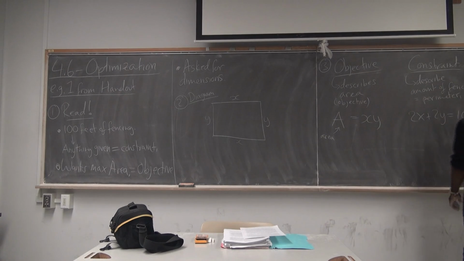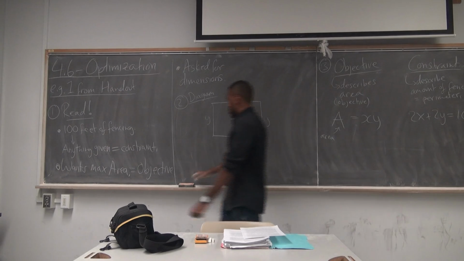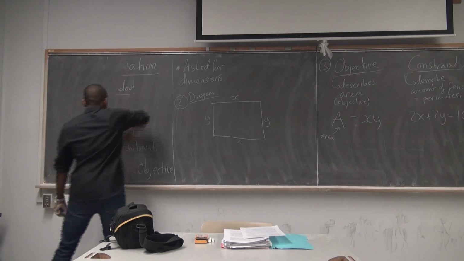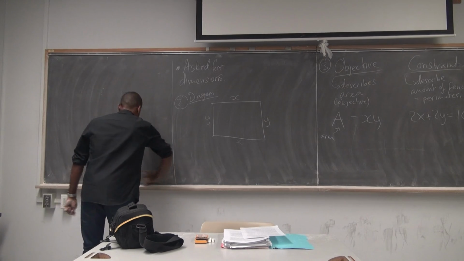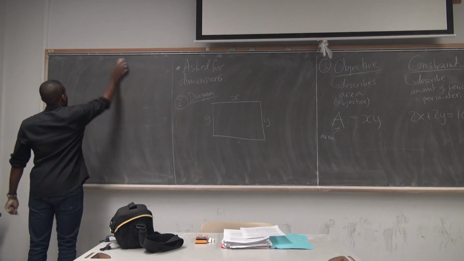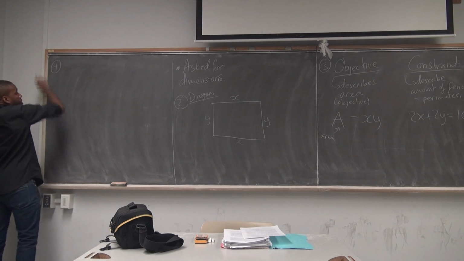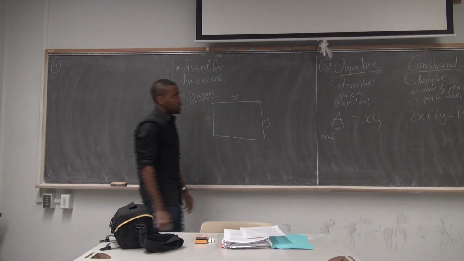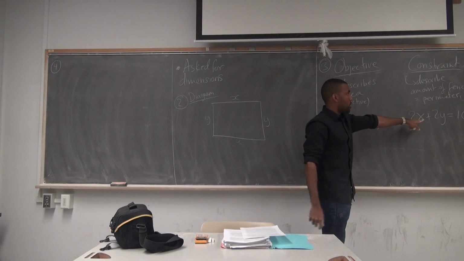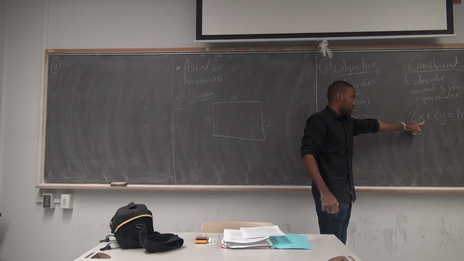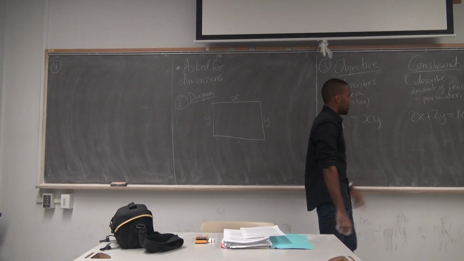Okay. So now we move on to step 4. In step 4, we are going to solve for one variable in the constraint and plug it into the objective. You always solve from the constraint, plug it into the objective.